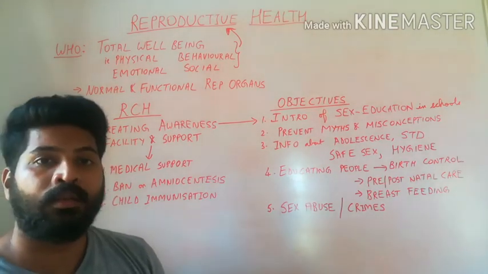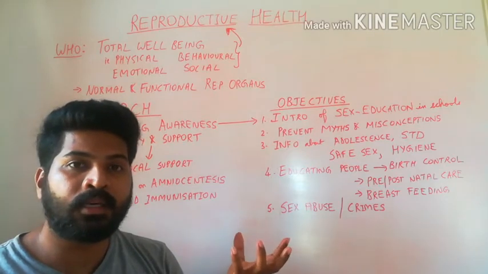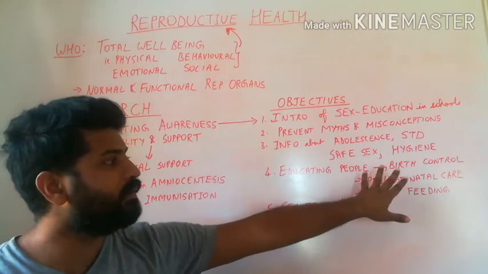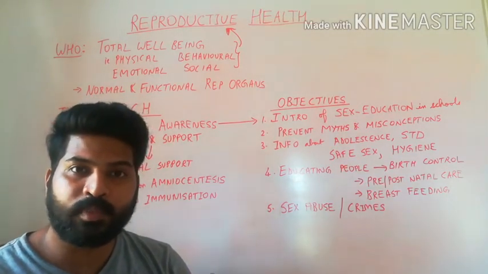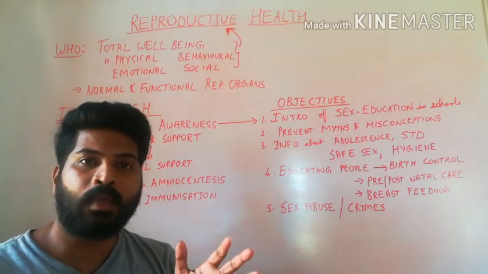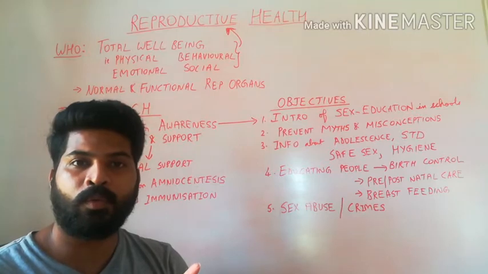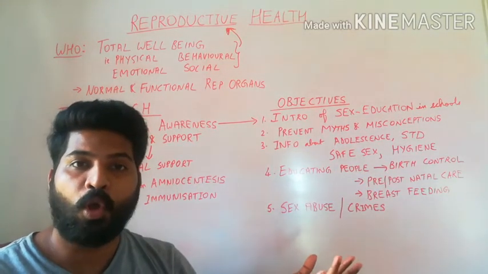Educating people, especially fertile couples, regarding the available birth control options is very important in order to control population explosion and to have sizable families with few members. People should be aware of the birth control options.